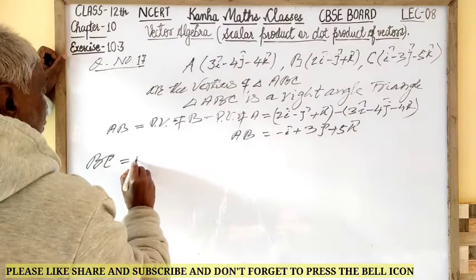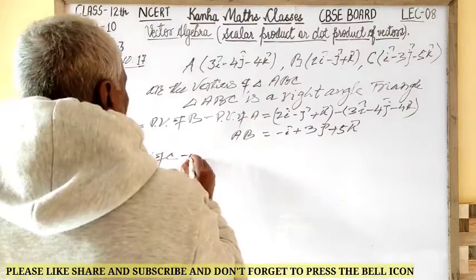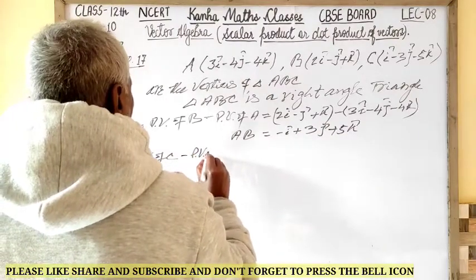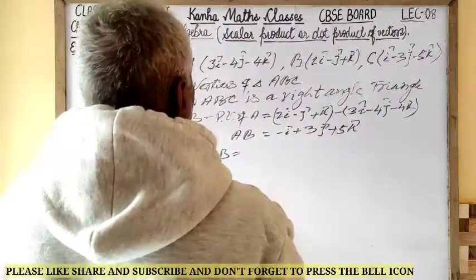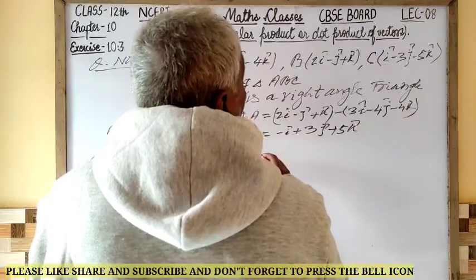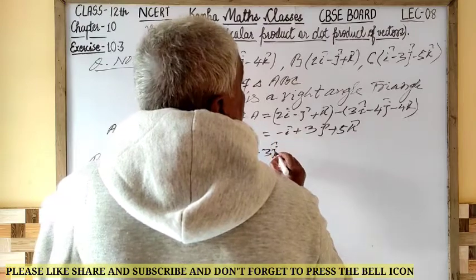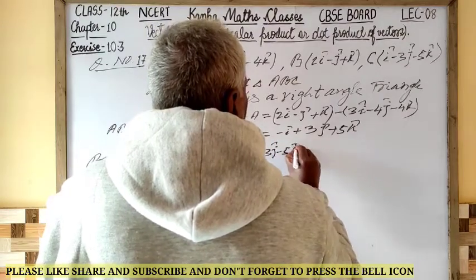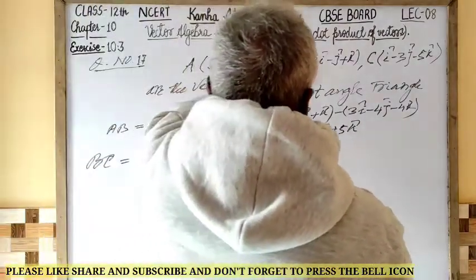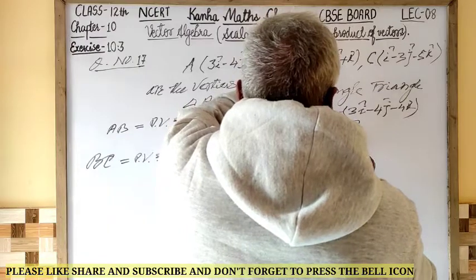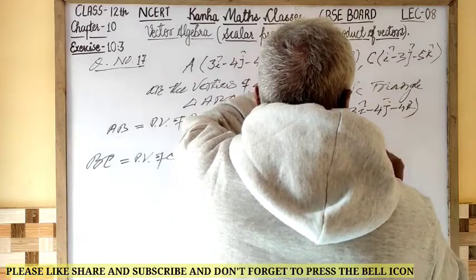BC is equal to position vector of C minus position vector of B. Position vector of C means i minus 3j minus 5k, minus position vector of B, that is 2i minus j plus k.